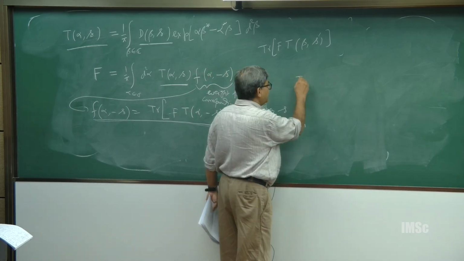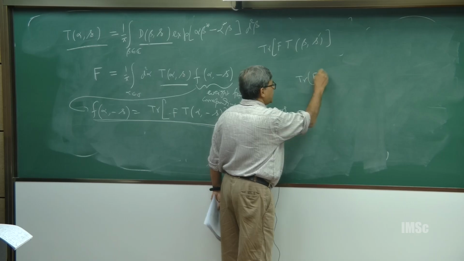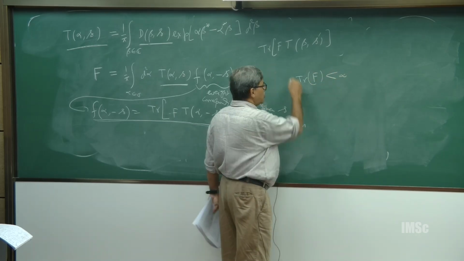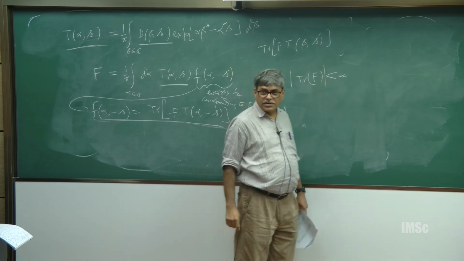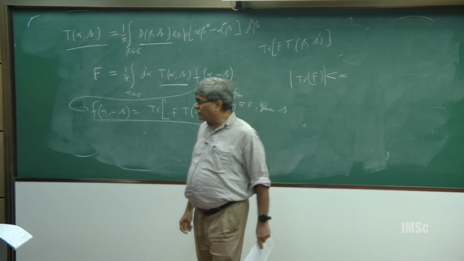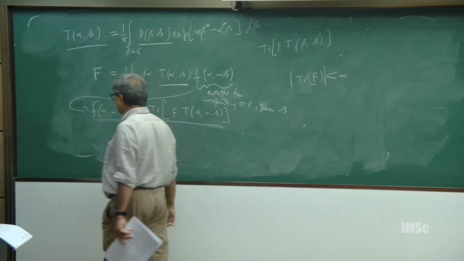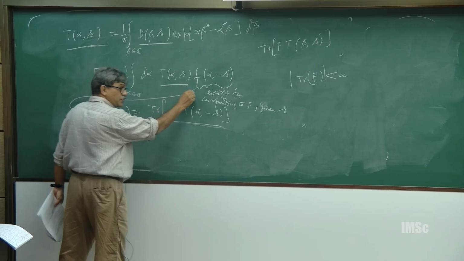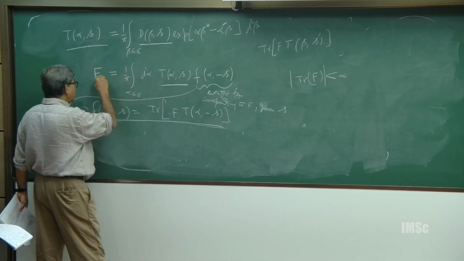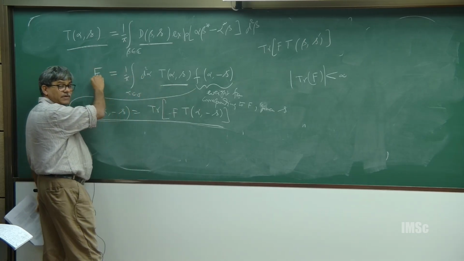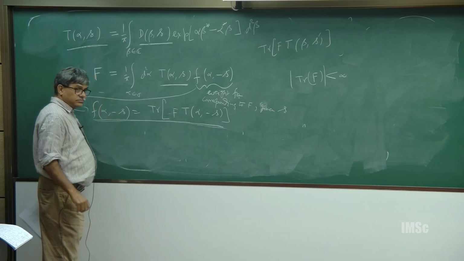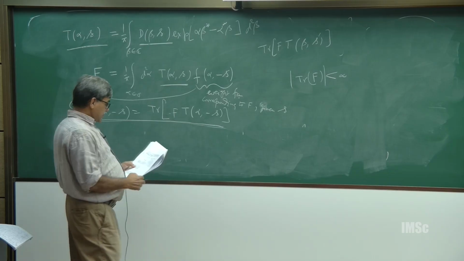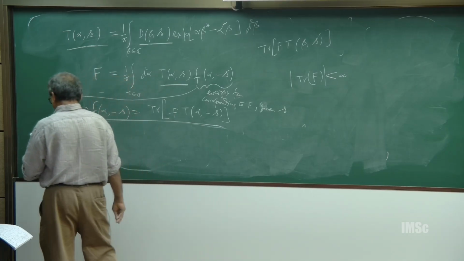Trace class means the trace of f has to be finite, or maybe the modulus of the trace has to be finite. So this is a trace class operator. So this relation holds good not just for bounded operators, but also for trace class operators. Okay, good.